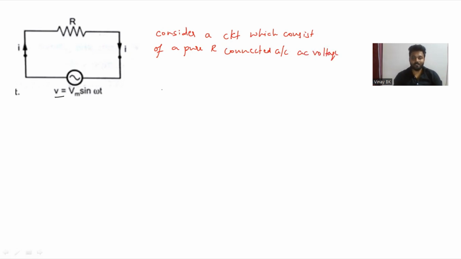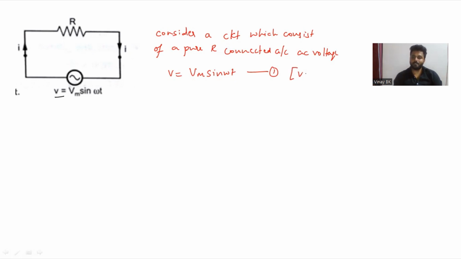The instantaneous value of voltage, small letter v, is given by Vm sine omega t. So the voltage, which is the supply voltage to the pure resistor, I'm considering as a reference.